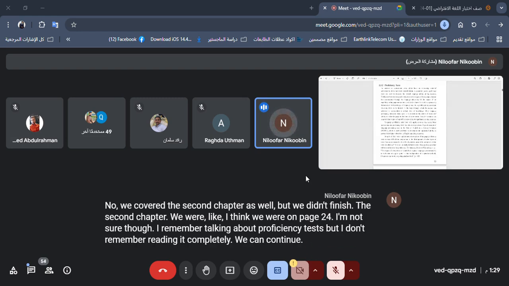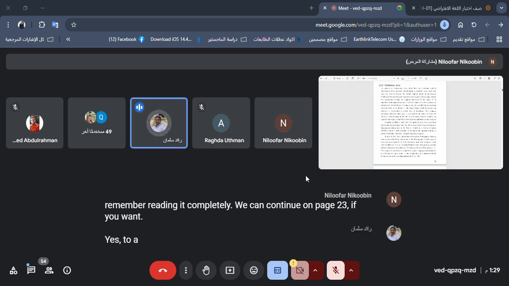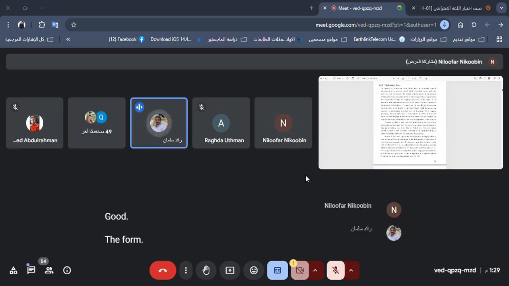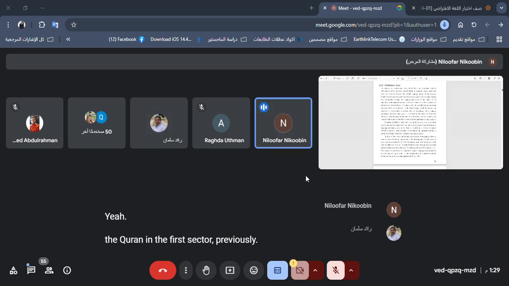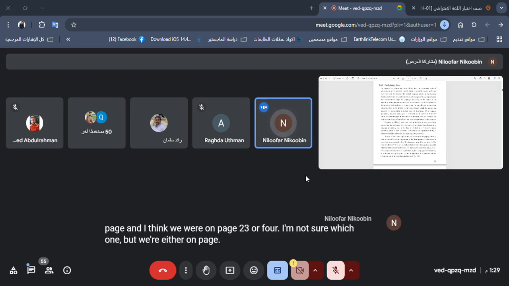We can continue on page 23 if you want. Yes, we talked generally about the forms of testing in the first chapter, but not in detail. We covered the book page by page, and I think we were on page 23 or 24.